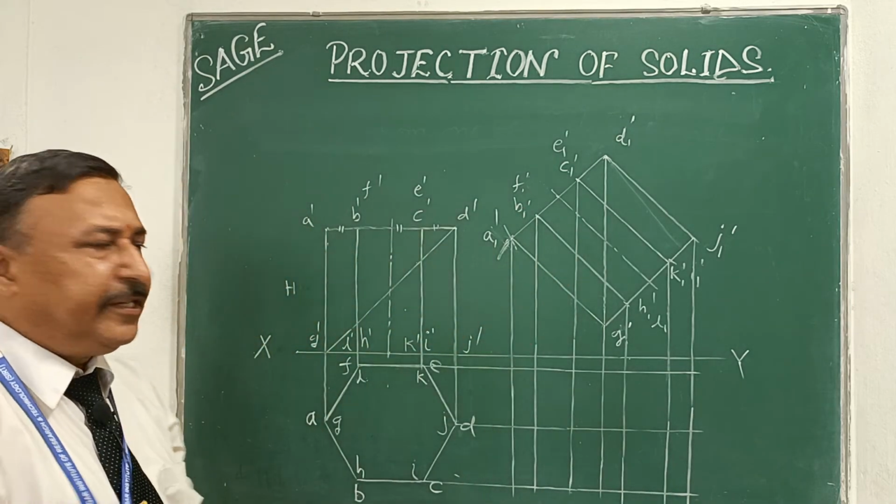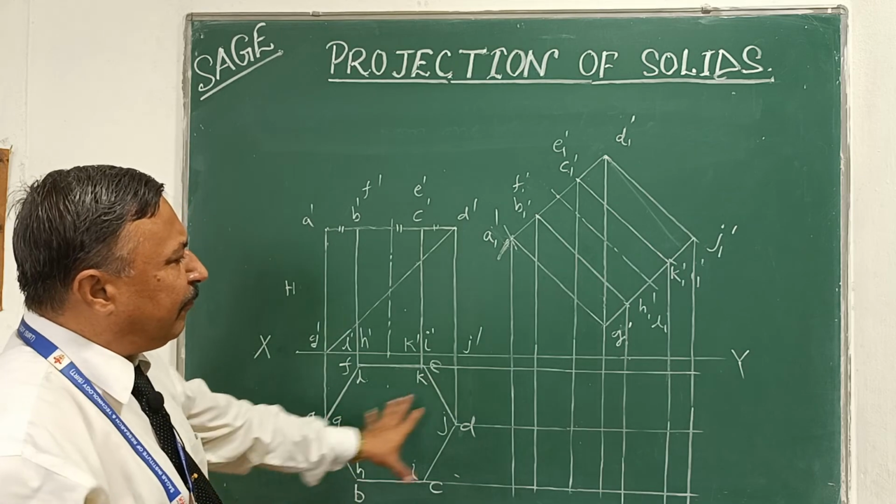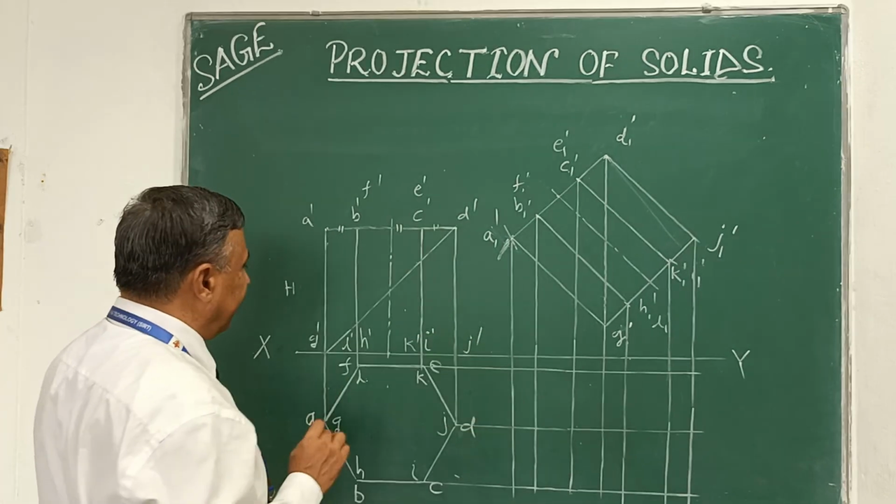Now this is the complete process when we draw all projectors. Now first of all, find the intersection points. That is very important and carefully find.